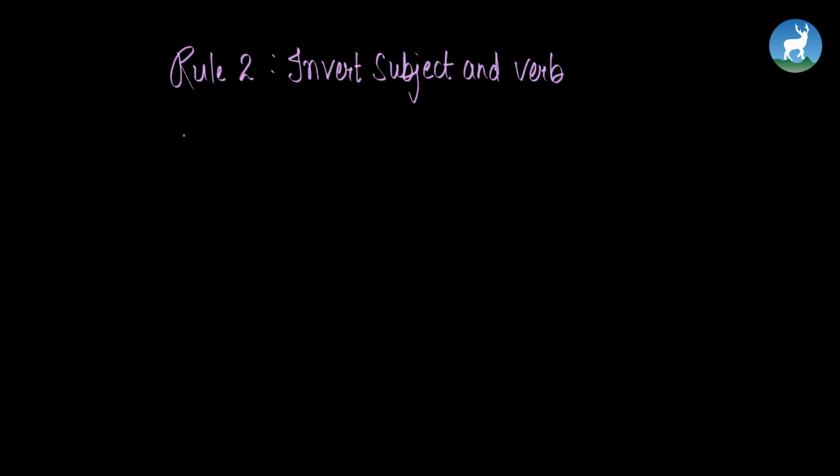Let's take a sentence. She is coming to the party. It's a simple positive sentence, correct? Yes. Now, whenever we have to form a yes or no question from a positive sentence, what do we do? We invert the subject and verb.